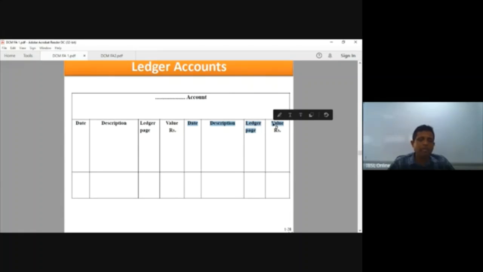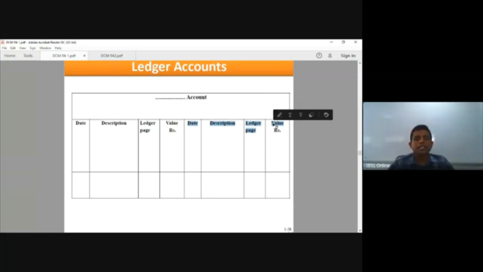When you debit this account, what is the credit account? The name of that credit account you have to write here. And similarly, when you are crediting that other account, in the description column on the credit side, you have to put the name of this account, right?